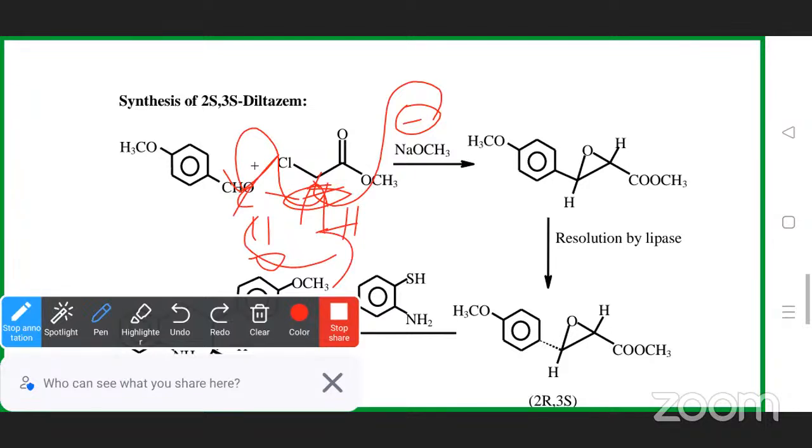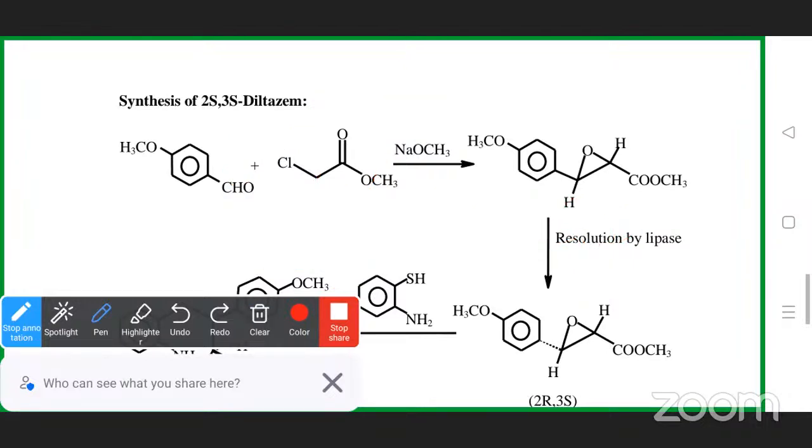Then we are getting this alcohol, and by NGP, the expulsion of chlorine is taking place, and we are getting this epoxide derivative here.